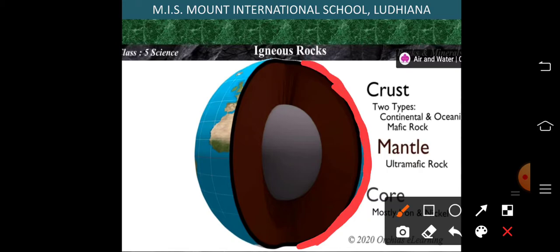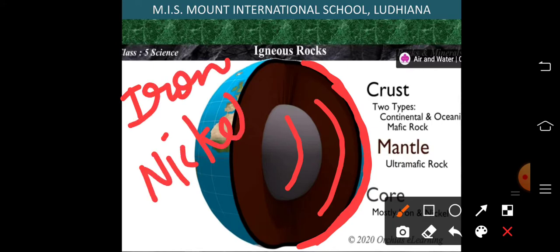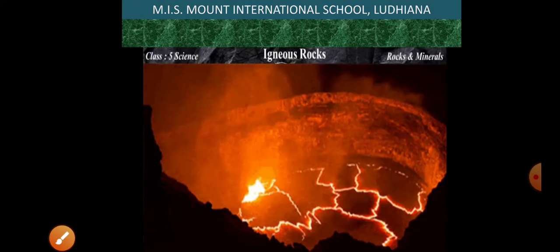Now under this crust is the mantle, and under the mantle there is core, and this core mainly comprise of iron and nickel. जो अर्थ की कोर है उसमें मेनली कौन सी मेटल्स अवेलेबल हैं? आयरन एंड निकल. Now there is molten magma under the earth's crust, which just comes to the earth's surface during a volcanic eruption.